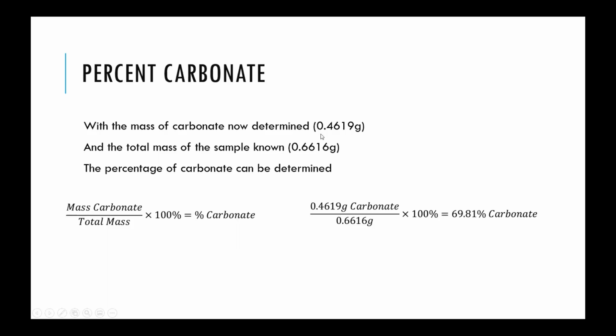The mass of the component was 0.4619 grams. So by dividing them and multiplying by 100%, you can figure out that the sample itself in these measurements came out to be 69.81% carbonate.